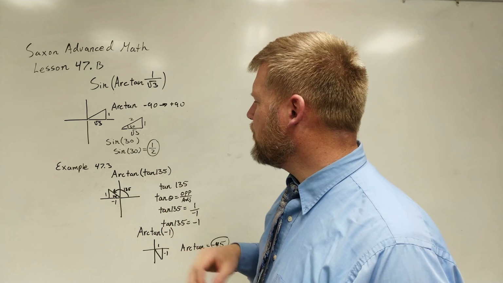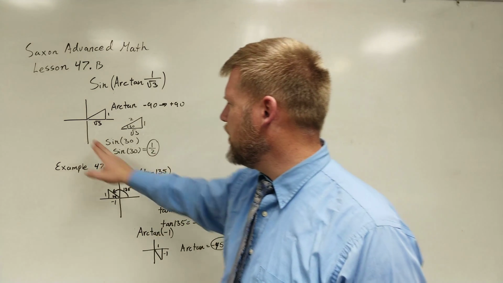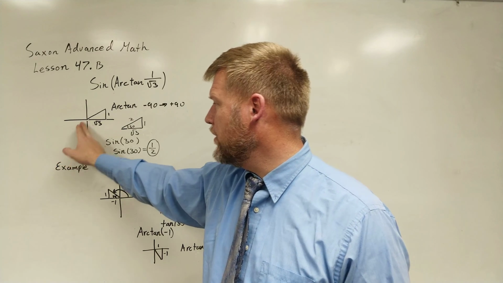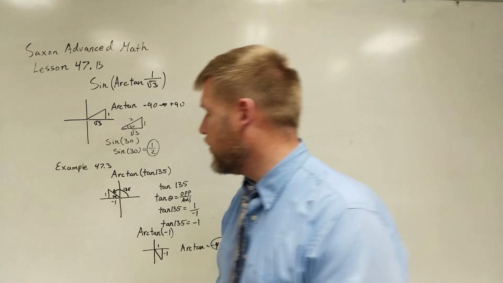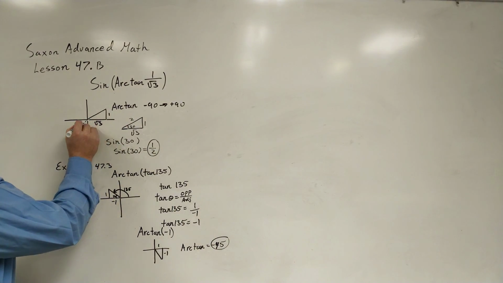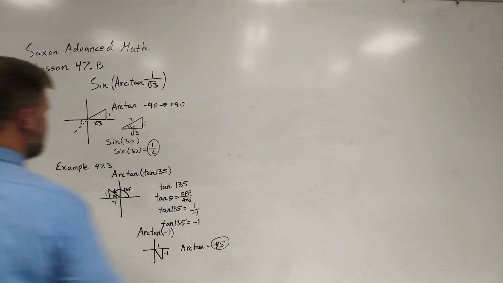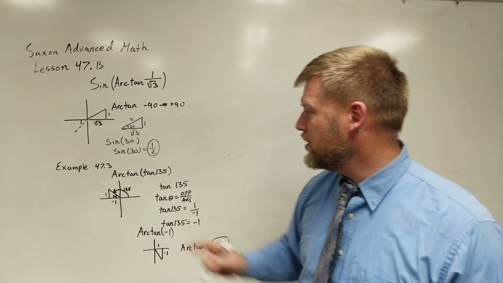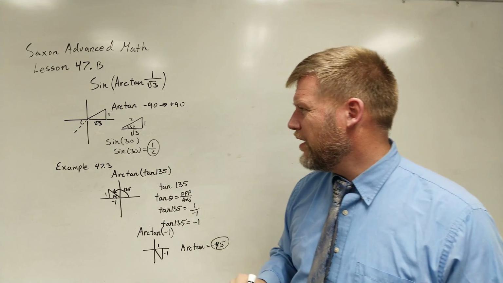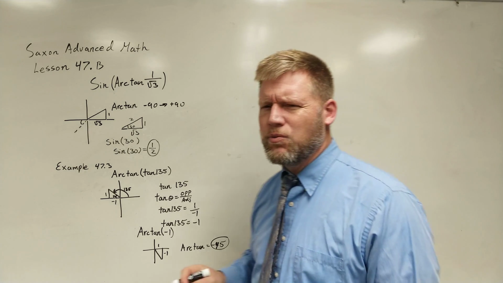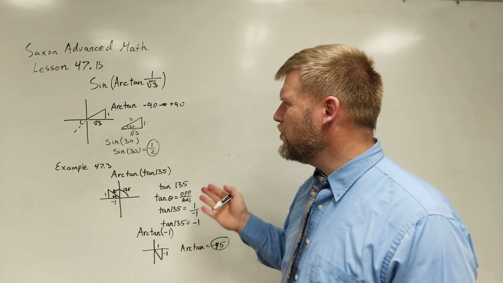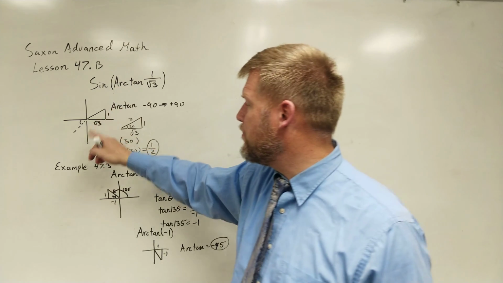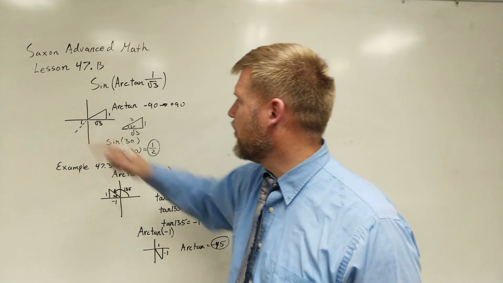That would be confusing for us because in this quadrant it would be a -30 right here, and I would have to say this could be a 210 as well. So the sine of 30 is 1/2, and I could use the sine of 210 as well. That's going to make it really confusing. I can't come up with a single answer. So this A is telling me it has to be from here to here.